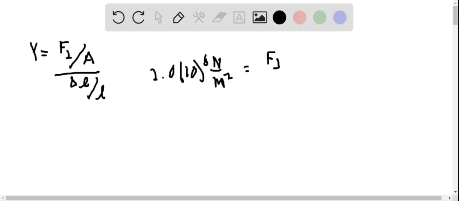We have the perpendicular force, and notice that the cross-sectional area is 0.5 centimeters squared, so we have to convert that.